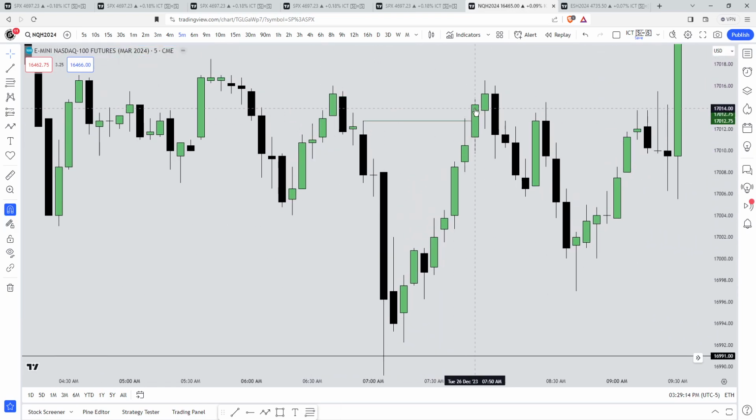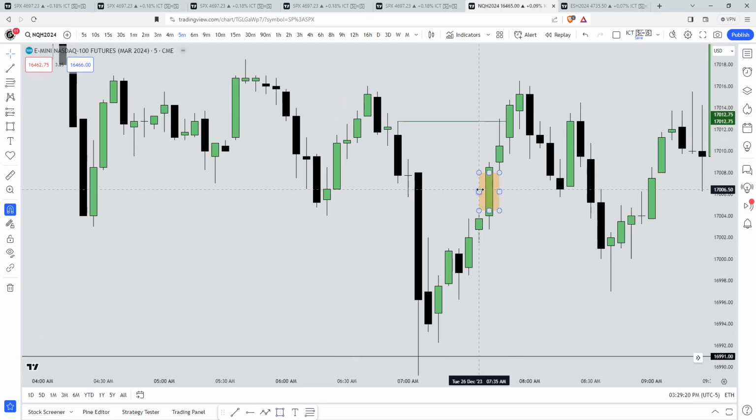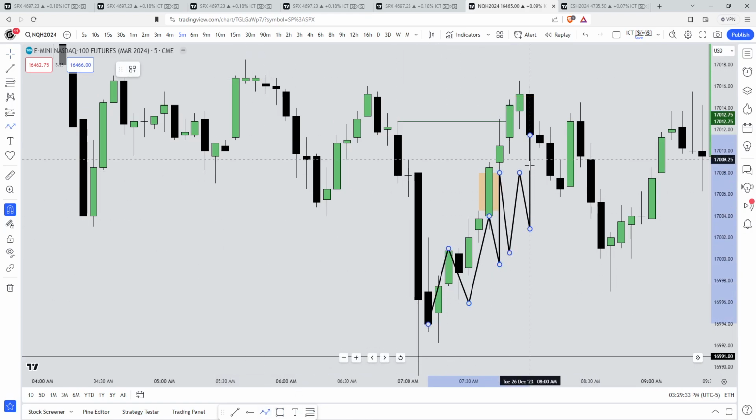If price closes above that, which it does right here, and creates a fair value gap in the price leg from low to high, it either needs to create the fair value gap in this price leg, or it needs to be overlapping up in here. The reason is that if it's just constantly chopping around, moving back and forth, it's not smart money's footprints for higher prices.